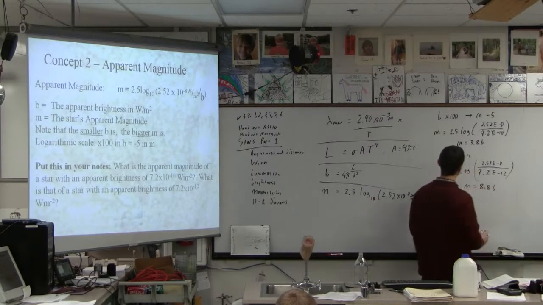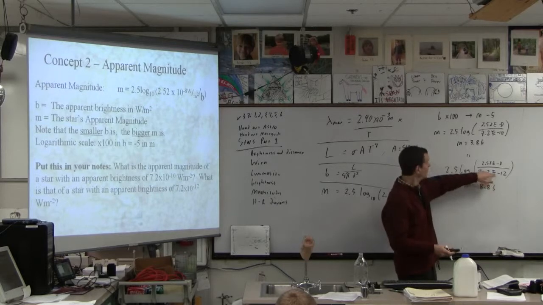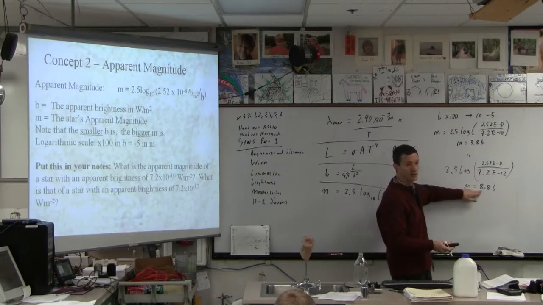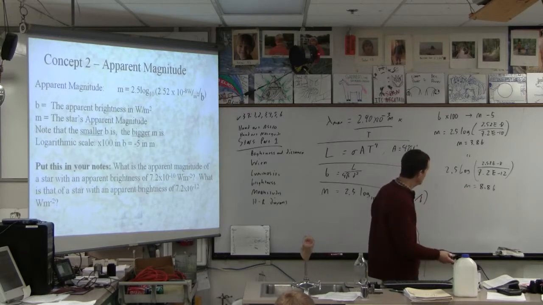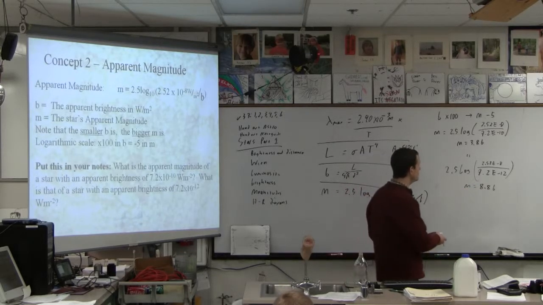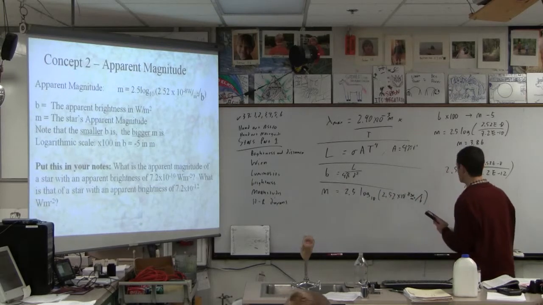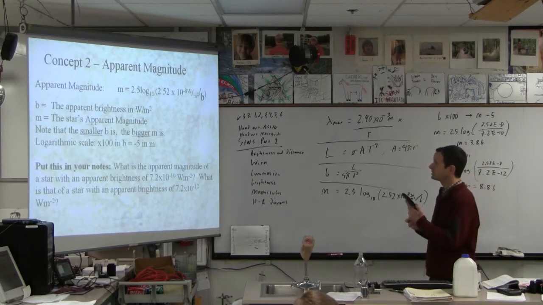This guy's dimmer, but the magnitude is 5 more, exactly 5 more. It's not that we multiplied by 5, it's that we added 5, correct? That's the way logarithms work, so factors become just adding something to it, right? Okay? And there are no units for magnitudes, they're just pure numbers because it's just an arbitrary scale.